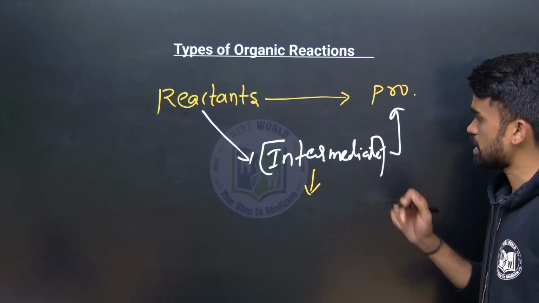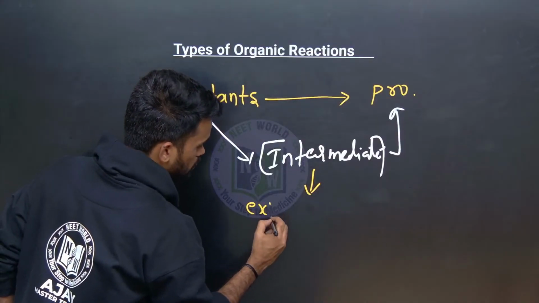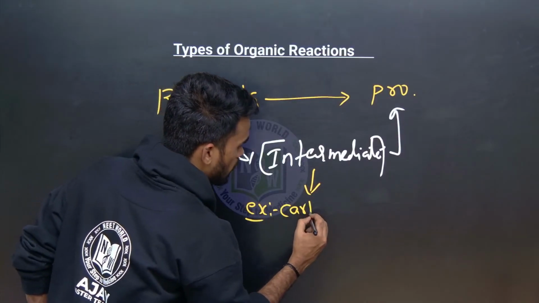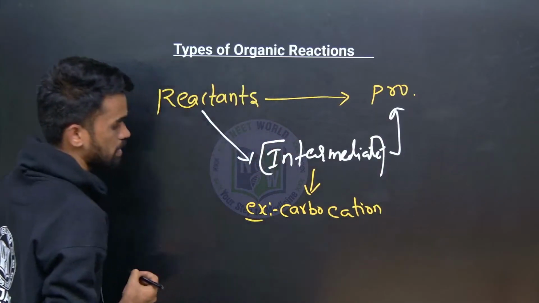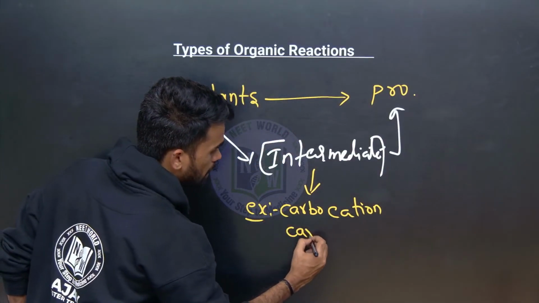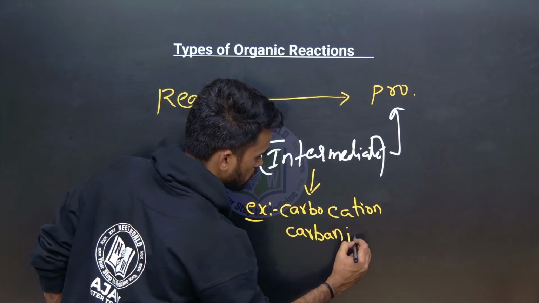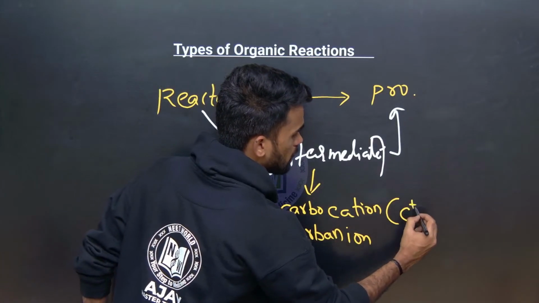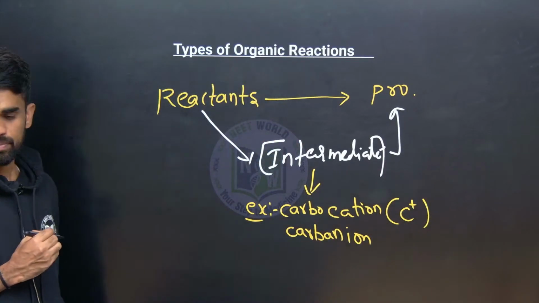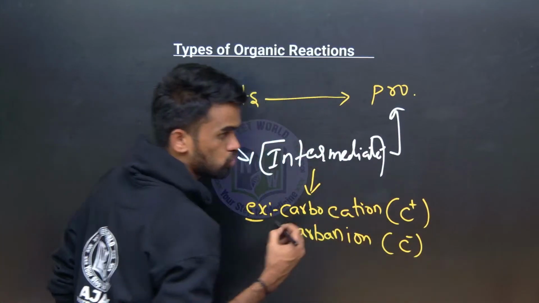Examples of these reactive intermediates I am mentioning here: carbocation, this is one example, and the next, carbanion. Carbocation means on the carbon atom there will be a positive charge. Carbanion means on the carbon atom there will be a negative charge.